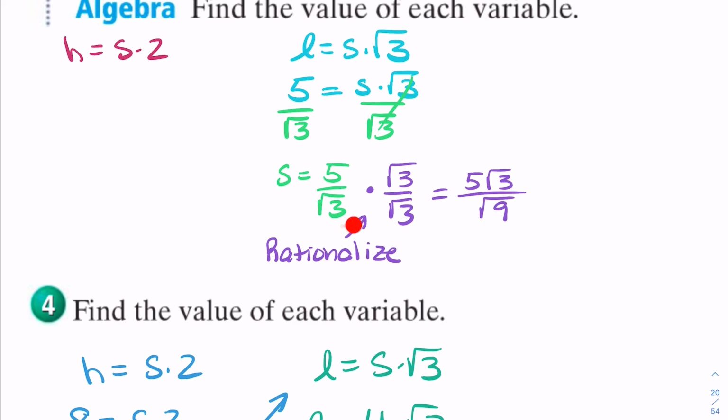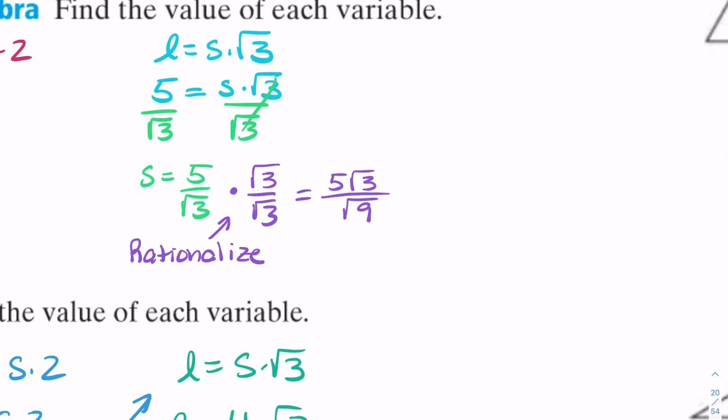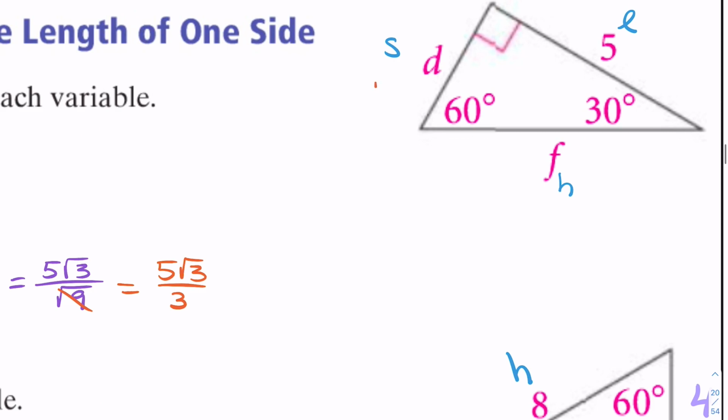I could have made it 36, or 144, but why not just make it 9? That makes the most sense. This simplifies to 5 square root of 3 over 3. Boom. So my short side is 5 square root of 3 over 3.